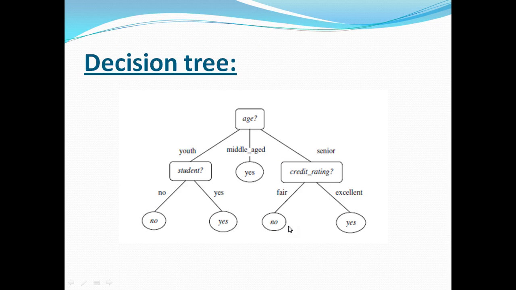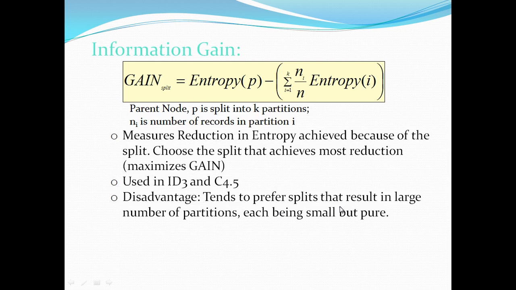So the decision tree is induced from the above example. Say if age is youth and he is not a student, then no, that is, he doesn't buy the computer. If he is a student, then yes, he buys a computer. If age is senior and the credit rating is fair, then he doesn't buy the computer. If age is senior and the credit rating is excellent, then he certainly buys the computer.